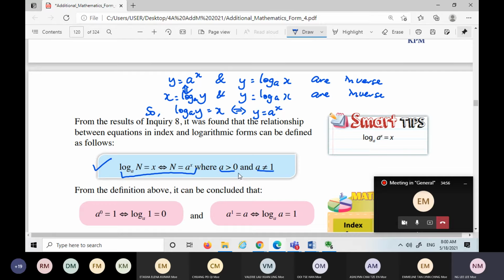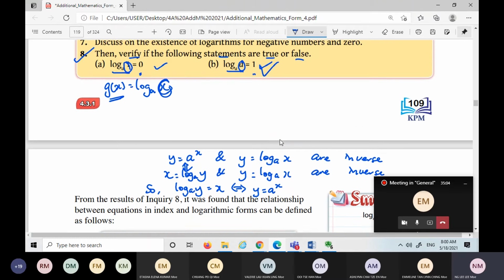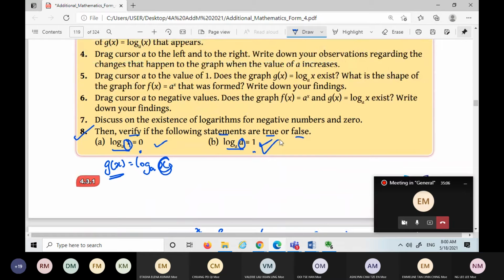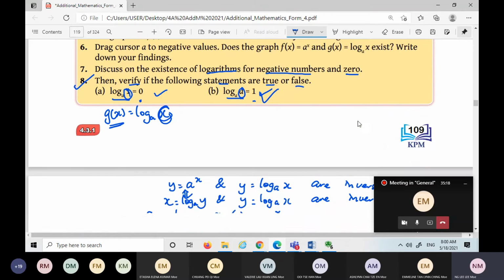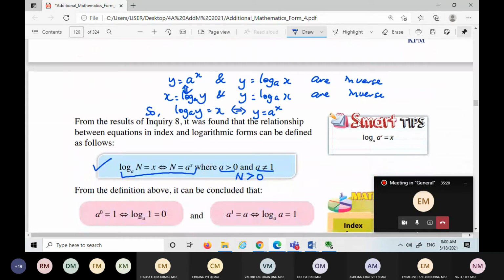And then one more that you can write here is n must be greater than 0. The n must be greater than 0 is from here, just now. The logarithm for a negative number doesn't exist, and for 0 also doesn't exist. So for the logarithm, the number must be greater than 0.